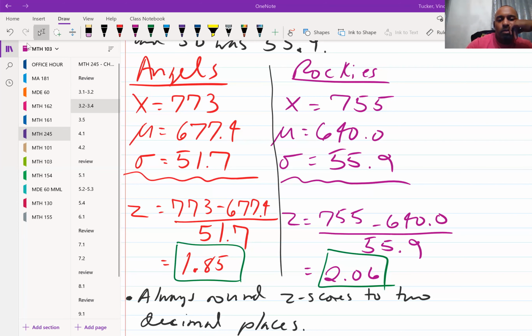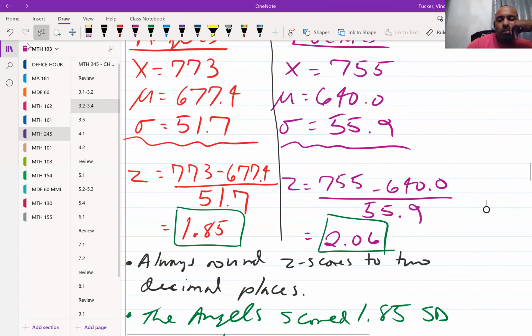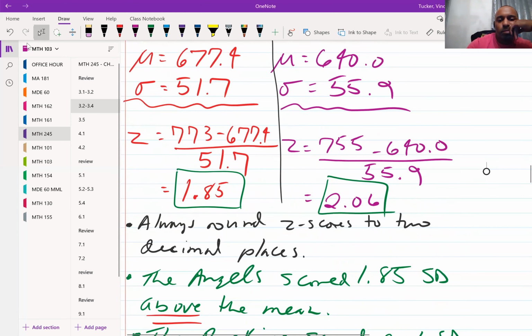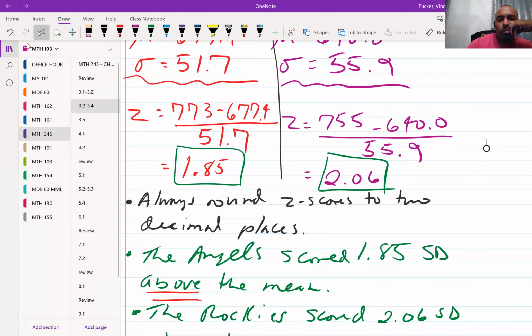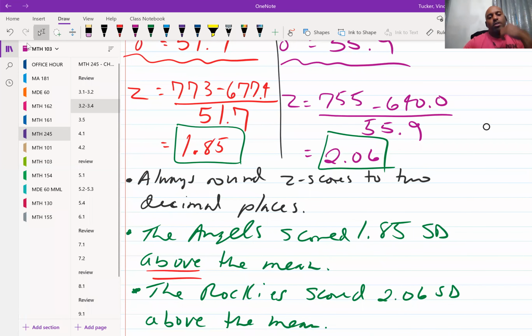All right, scroll up some. So green is just an interpretation of what these Z-scores mean. The Angels scored 1.85 standard deviations above the mean. It is above the mean because the 1.85 is positive. If it was negative, then we would say below the mean.